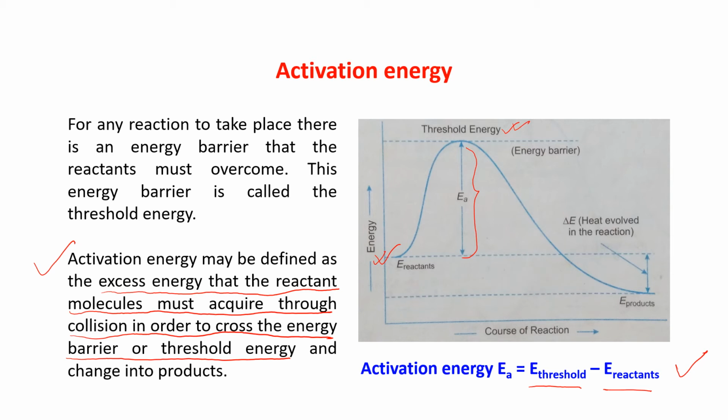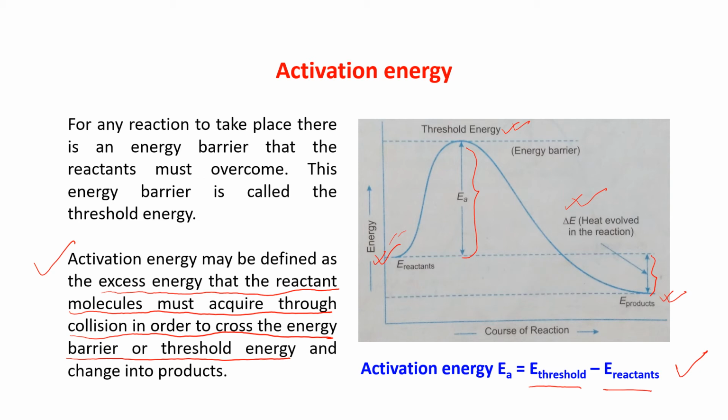And you can see that the graph starts from here and ends here. That means, between the energy of the reactant and the energy of the product, the energy of the product is much lower than the energy of the reactant. This is the difference between the energy of the reactant and the product, that is delta E. And delta E here is negative: energy of the product minus energy of the reactant.